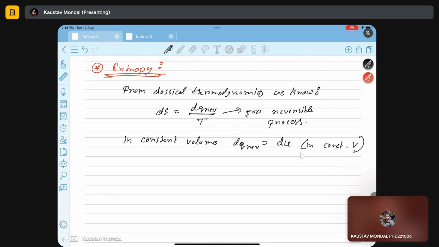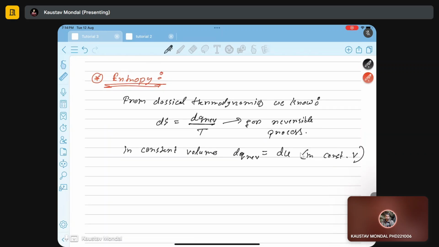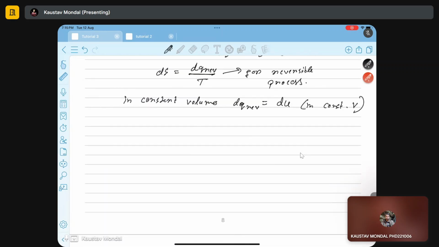So now, if you know that dq reversible is equal to dU, now what you can do, you can write U equal to U0 plus E. So now you can write dU equal to dU0 plus dE. Now we already know E is basically the summation over Ni Ei.